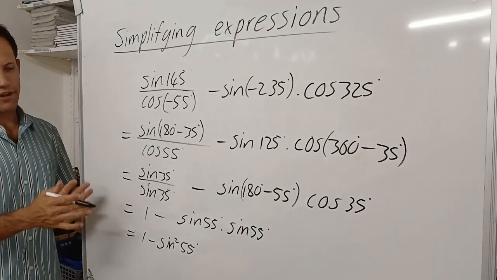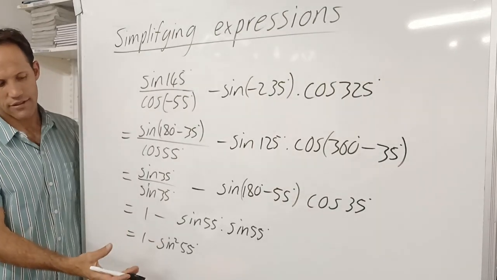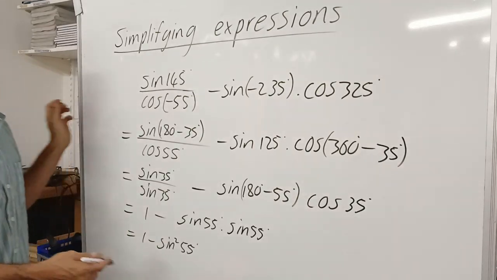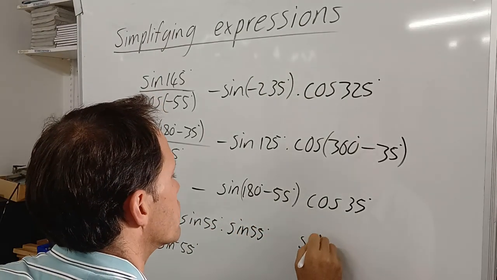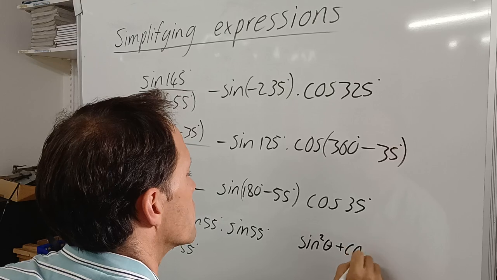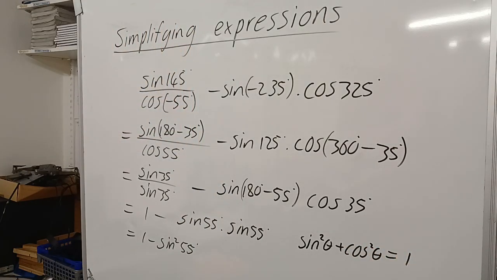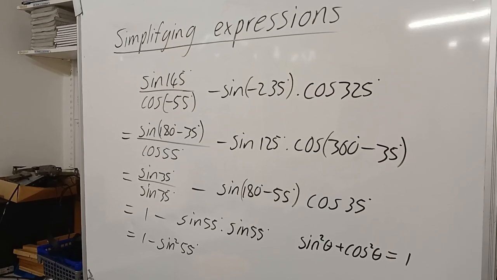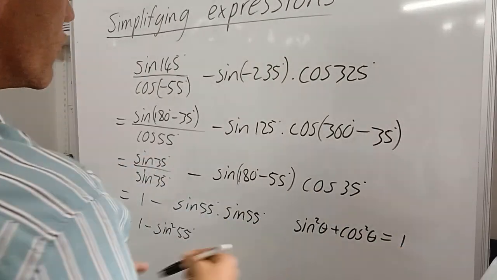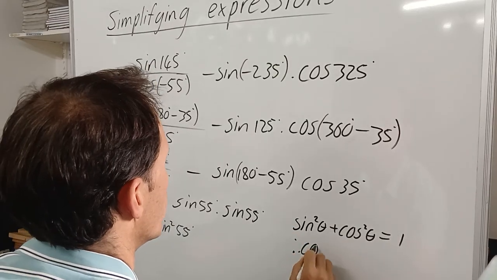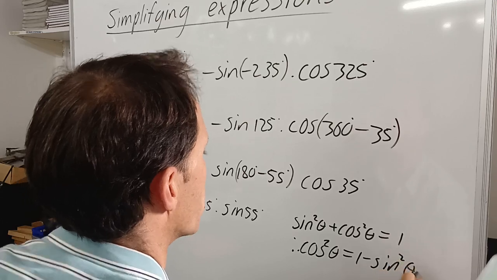And then from the identity, sine squared theta plus cos squared theta is equal to 1. Okay, if you forget that identity, here it is: sine squared theta plus cos squared theta is equal to 1. And obviously that means that when you take the sine squared over, you can say therefore cos squared theta is 1 minus sine squared theta.